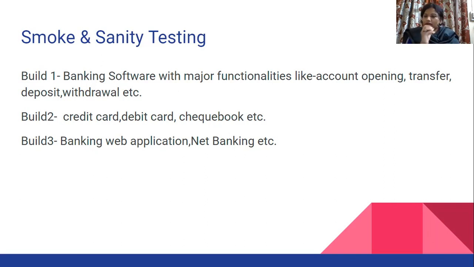Any real-time software having millions of customer base can't be designed in a single build. So in the first build, let's say we gave all the major functionalities like account opening, account deposit, withdrawal, etc. All the major functionalities that we do in a banking system are given in build one, and it is launched.